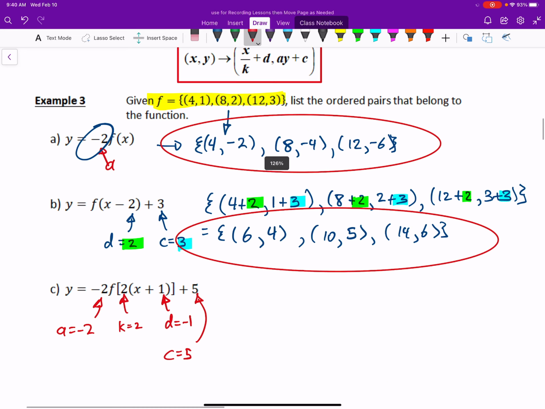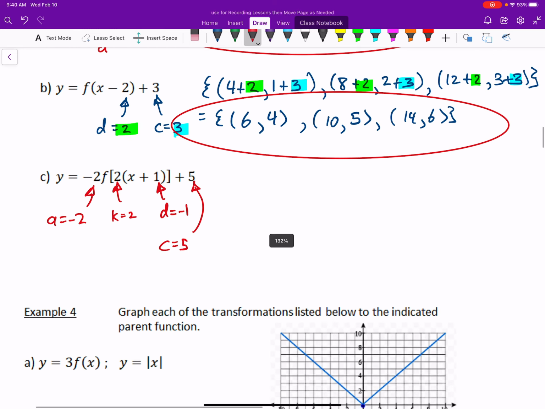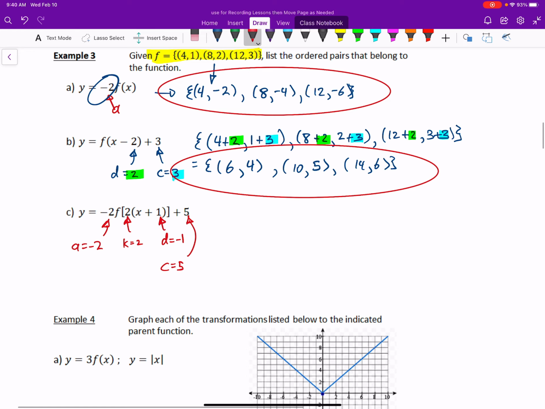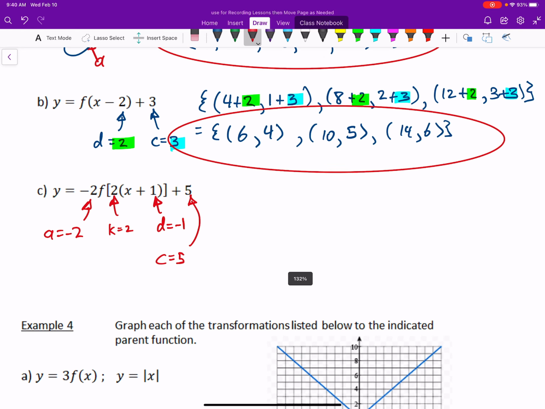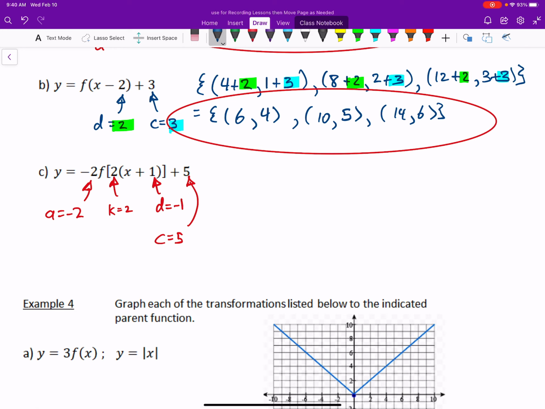And so for the first two examples, I didn't have to do all 4 of them. For the first example, I only had to do the A part. For the second example, I only had to do the D and C part. But this one, I need to do all 4 of them. But I'm still starting out with the same 4, 1, 8, 2, and 12, 3. So let's just show our work here.